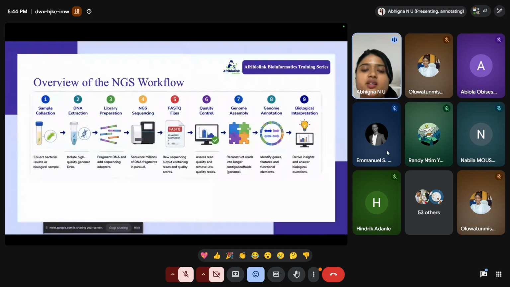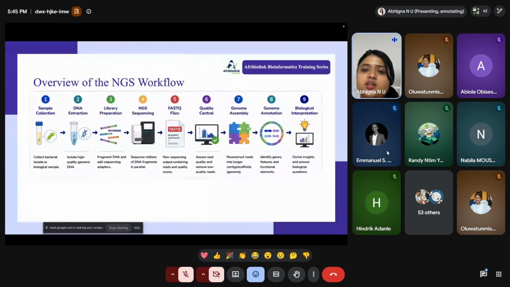A high quality genomic DNA is isolated, and then library preparation follows, and then it is fed into an NGS sequencing machine where millions of DNA fragments are obtained, and millions of sequences are obtained in the FASTQ files.